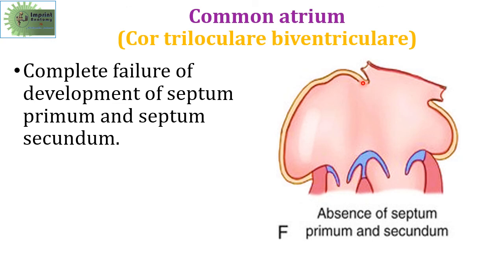As we have seen, the interatrial septum forms by two sources, that is septum primum and the septum secundum. When both septum primum and the septum secundum fail to develop, it forms the common atrium. It is also called triloculare biventriculare.